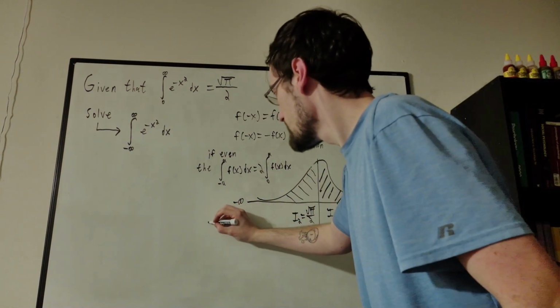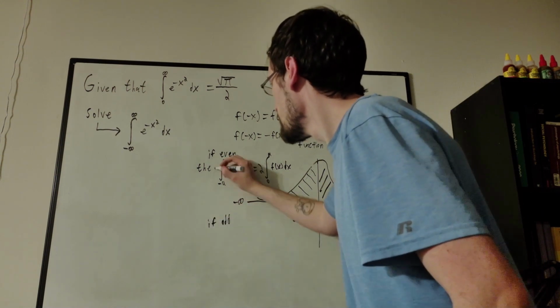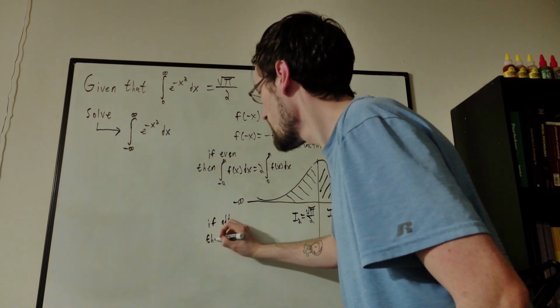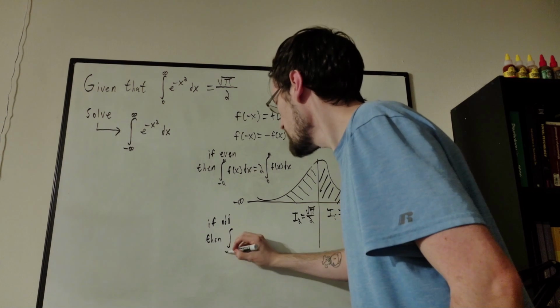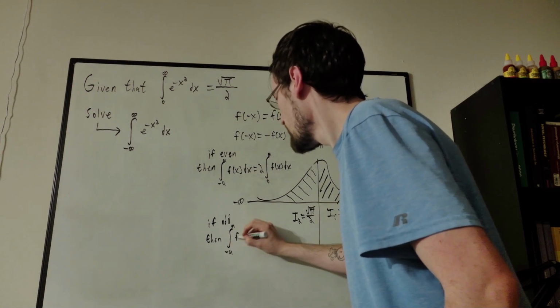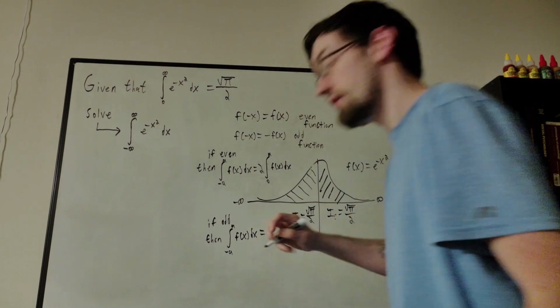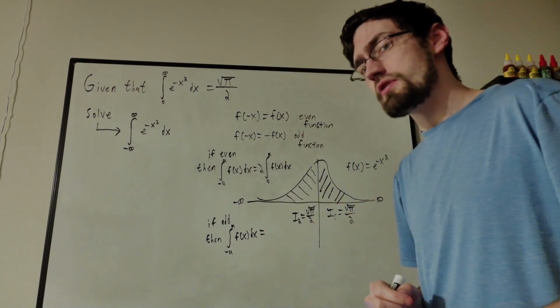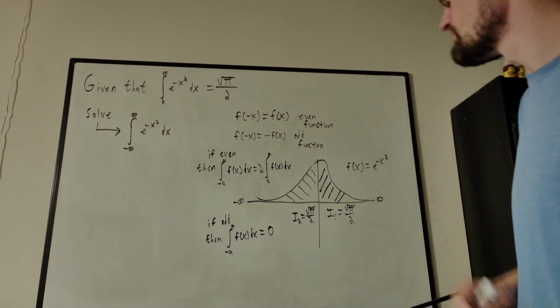And as such, if odd, then the integral from negative a to a of a function f of x dx, the negative and positive contributions of area cancel out exactly, giving us 0.